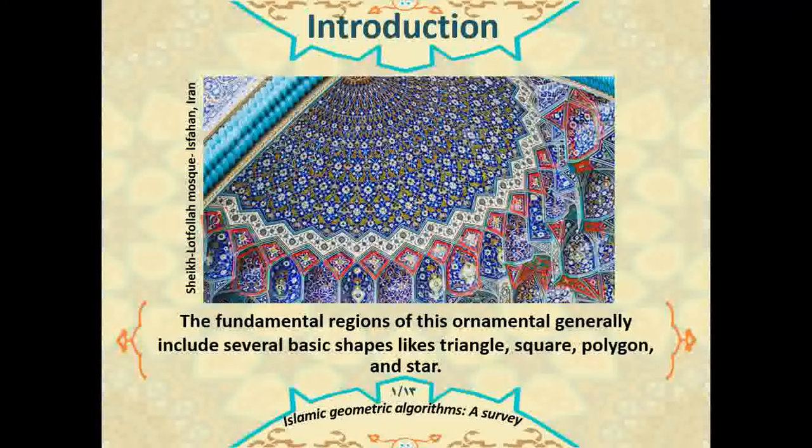The fundamental regions of these ornaments generally include several basic shapes, like triangle, square, polygon, and star. Repetition, rotation, and combination of these basic shapes creates complex and beautiful patterns that can be widely seen in tessellation, stucco, mirrorwork, and muqarnas.